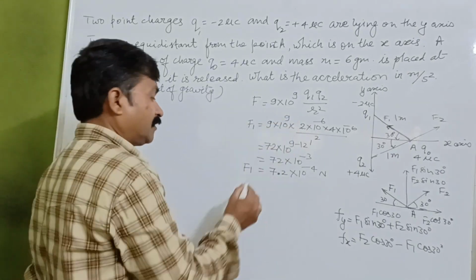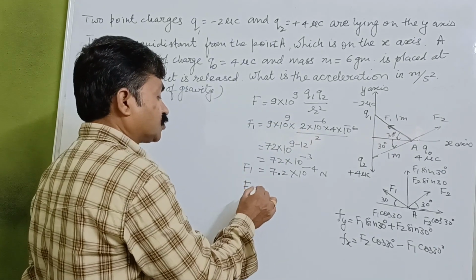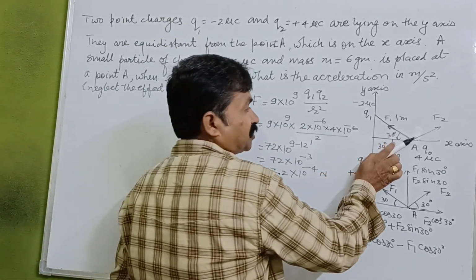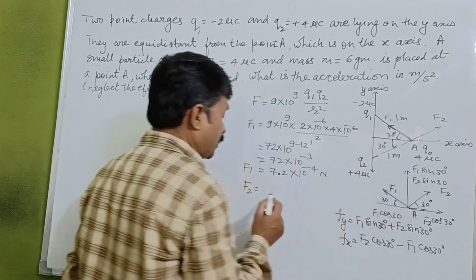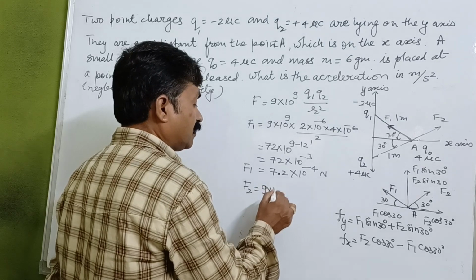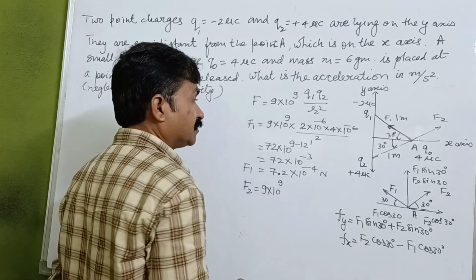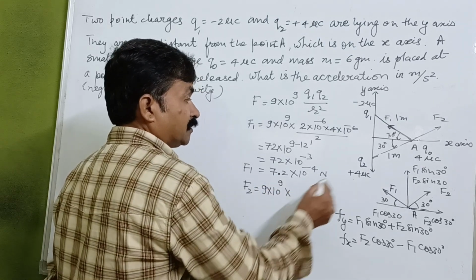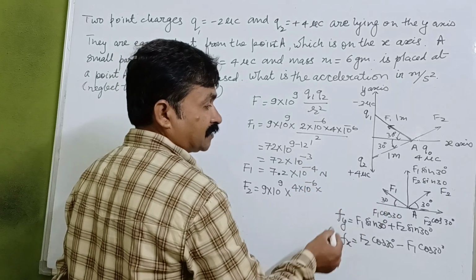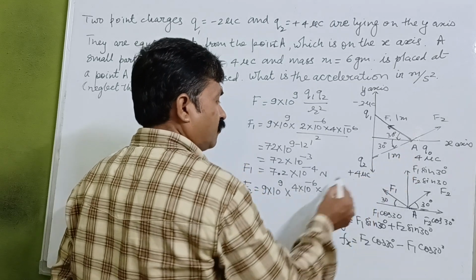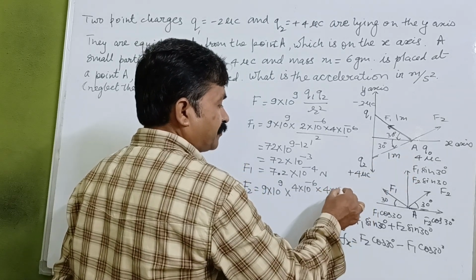Okay, now we will calculate it for F2. F2 means the force of repulsion which is acting in this direction. It is 4 microcoulomb. So again using Coulomb's force, it is 4 into 10 raised to the power minus 6, and another one is 4 into 10 raised to the power minus 6.